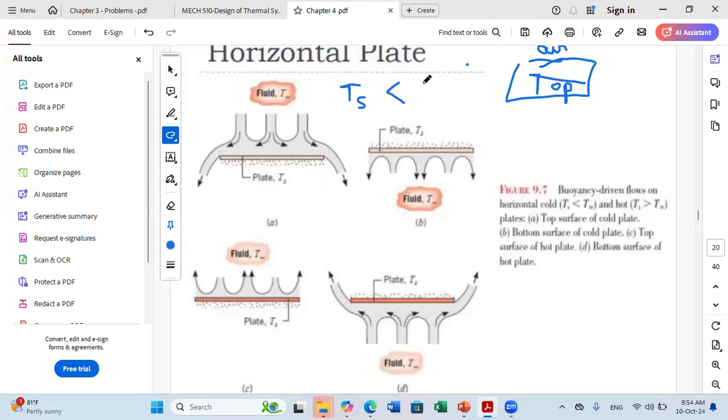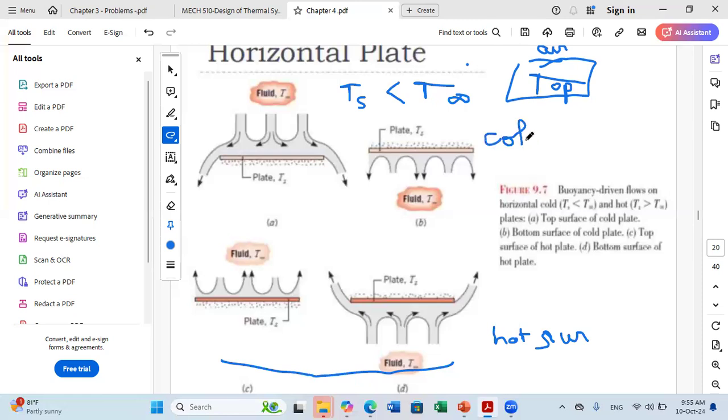When you have a downward motion, this means that the surface is cooler than air. While for cases C and D, you have a hot surface. So C and D correspond to the case of a hot surface, while A and B correspond to the case of a cold surface.